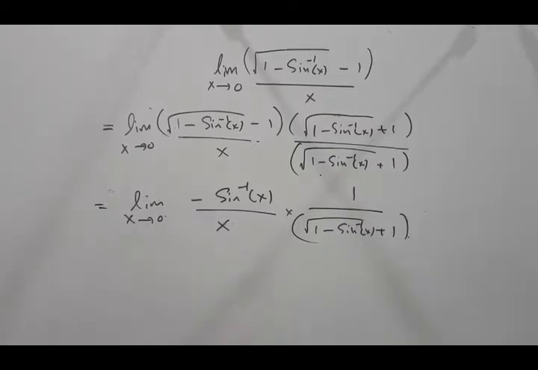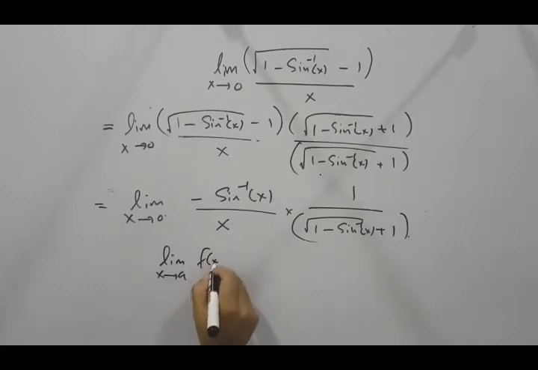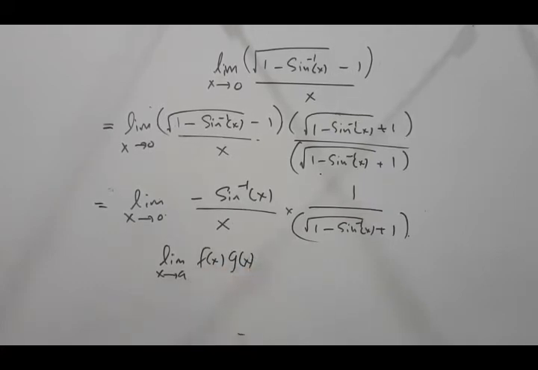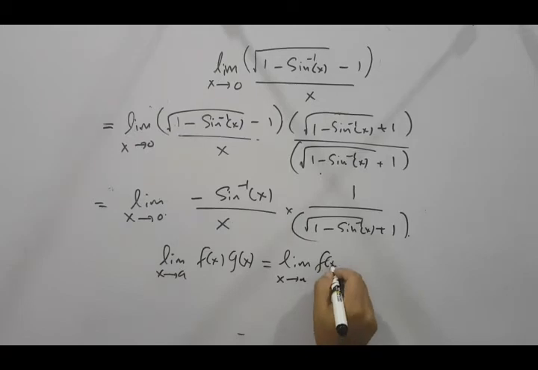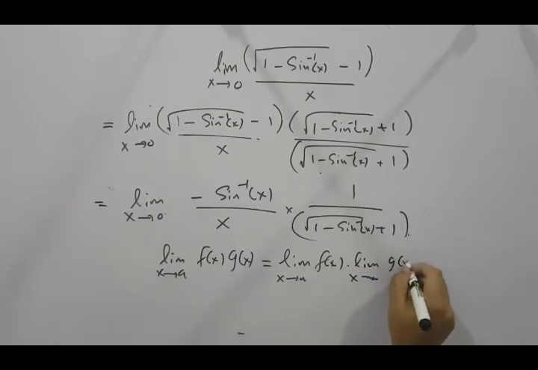So using laws of limits, which says that limit as x tends to a of f(x) and g(x), which is a product of functions, can be evaluated separately: limit of f(x) into limit of g(x).